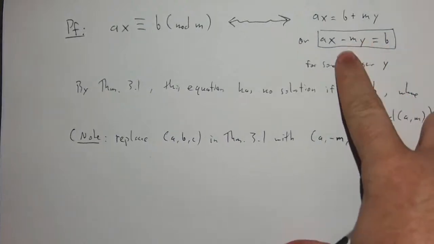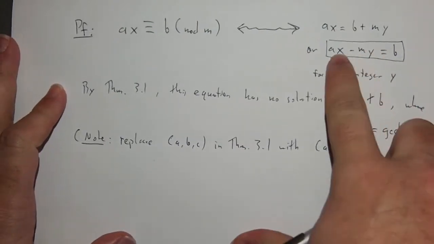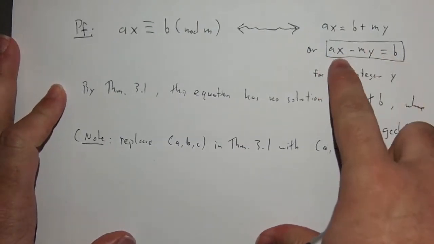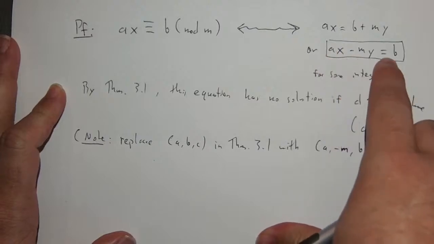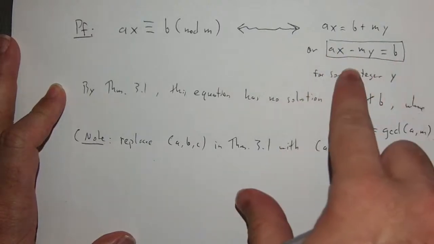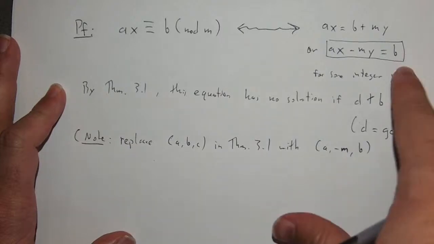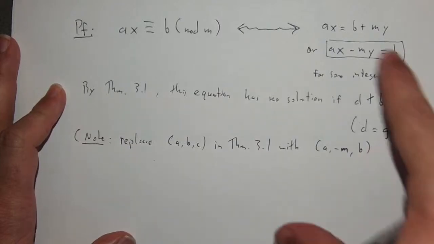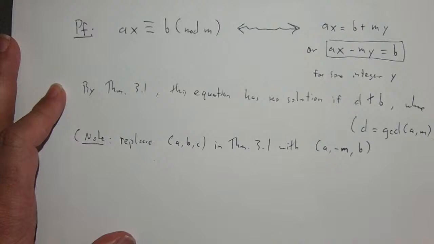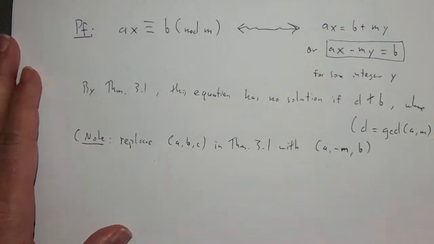Looking at this, in Theorem 3.1, the equation in question was ax plus by equals c. So in this theorem, b is playing the role of c, and minus m is playing the role of what I called b in Theorem 3.1. Okay.